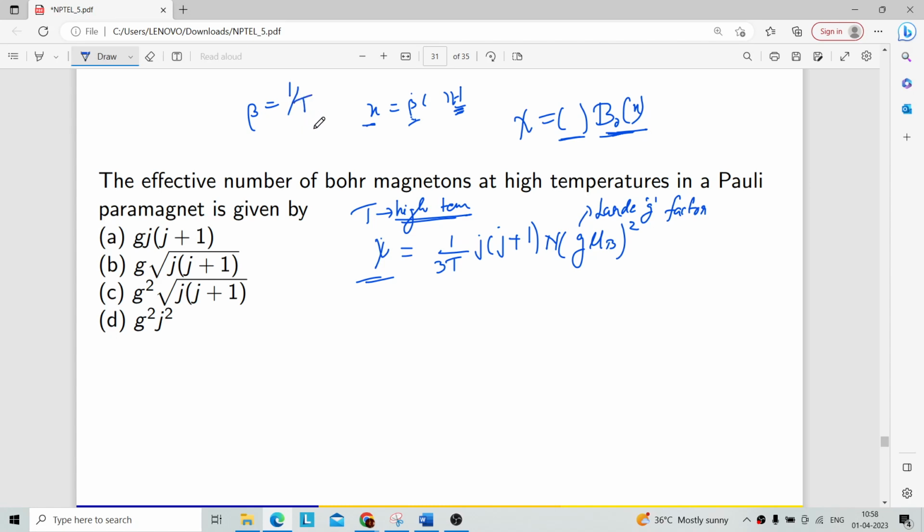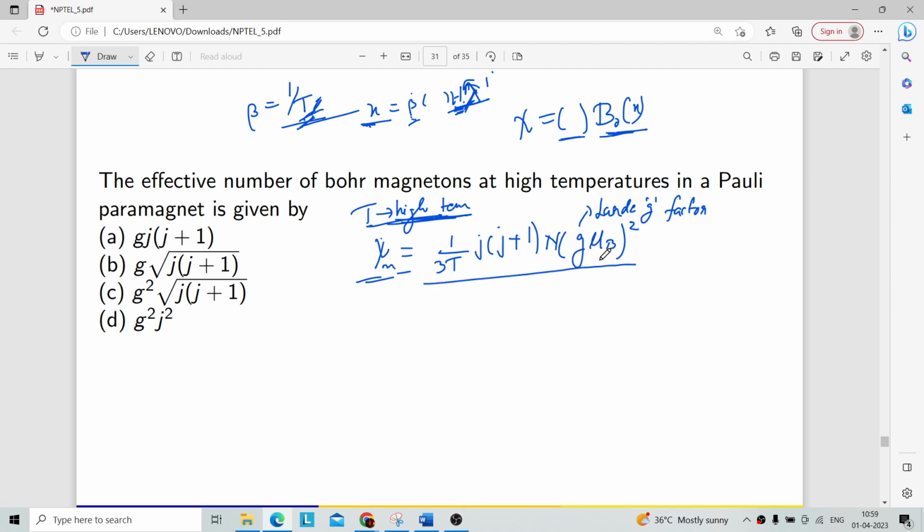Beta is 1 over T. So small beta means high temperature or small magnetic field. That means you will get the same effect as high temperature if you apply only a small magnetic field, and inversely, if you have low temperature, you can get a similar effect by applying a high magnetic field. This is from class. So for the high temperature term, we were getting susceptibility as this term.